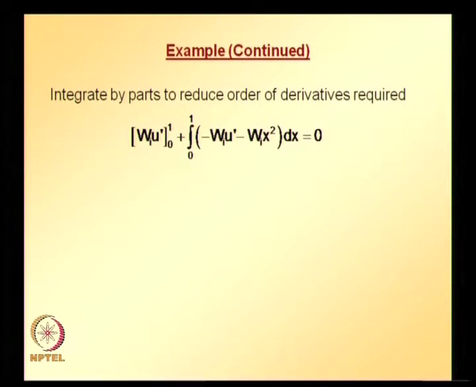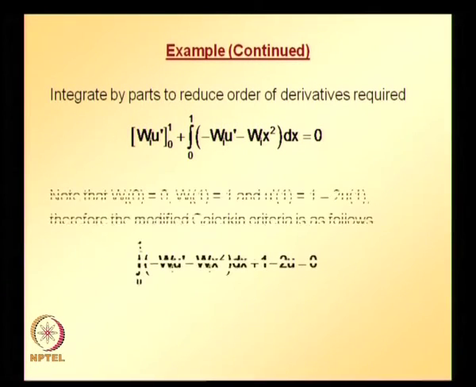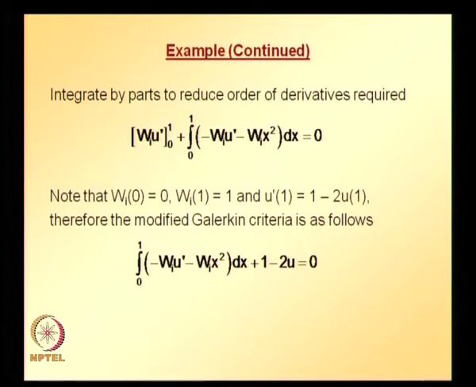So now using integration by parts, it results in this one, that is, integration by parts is applied only in the first term. We already know what w1 and w2 are: w1 is x and w2 is x square.